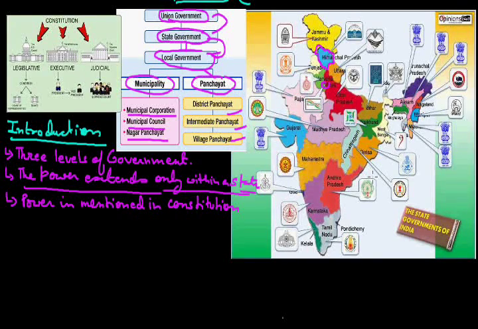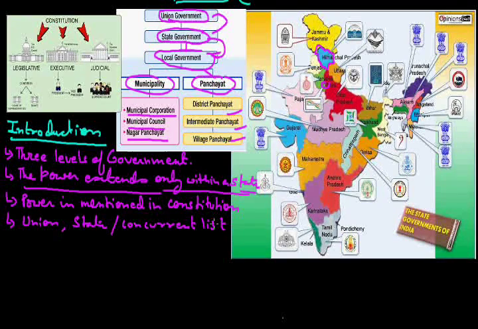The power of the state government is mentioned in the Constitution of India. It is clearly specified what the powers of the union are. These all powers are specified in the Constitution clearly under lists.